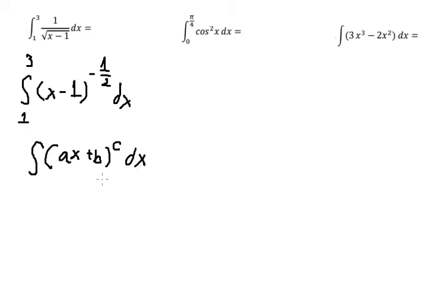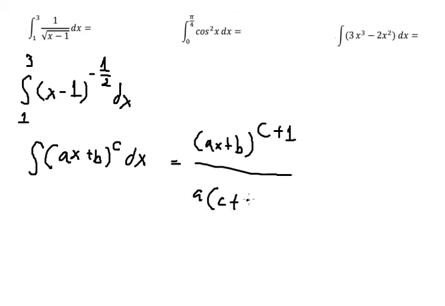The integration of this one, we have (ax plus b) to the power of c plus 1 over a multiplied by (c plus 1), and we put capital C, that's the constant.